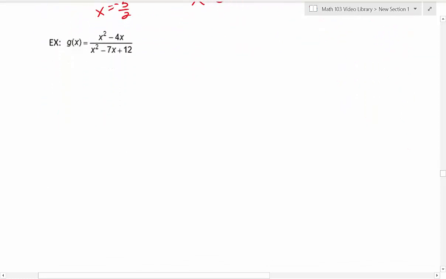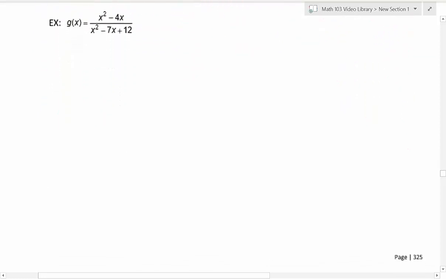Let's try another one. g of x equals x squared minus 4x over x squared minus 7x plus 12. The first thing we want to do is factor the numerator and denominator. GCF of x in the numerator. Denominator factors nicely. x minus 3 times x minus 4.